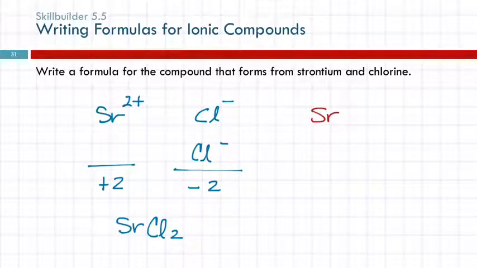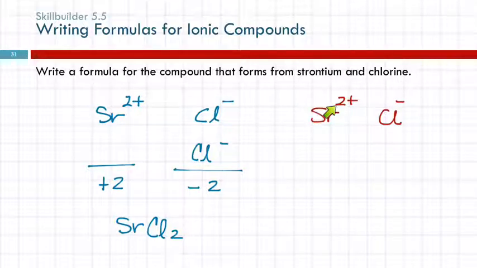You still need the ions with their charges. This is called the crisscross method. Before you crisscross, look at the charges. This is 2, and that's a 1. They're not the same. We can crisscross. If they're the same, you don't need to.